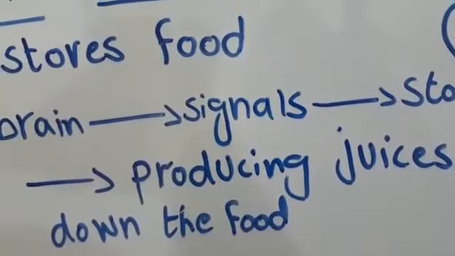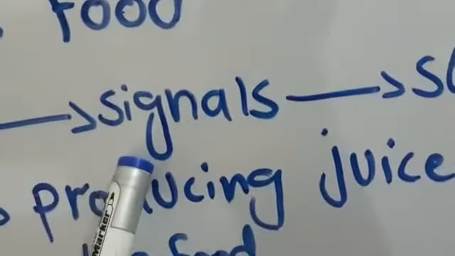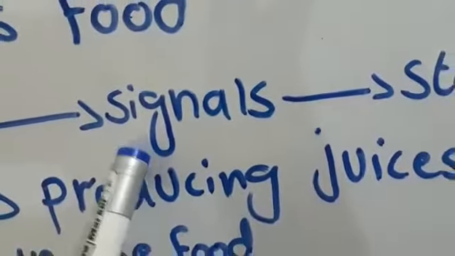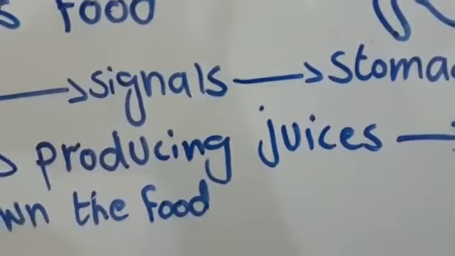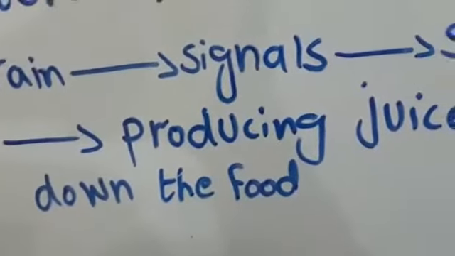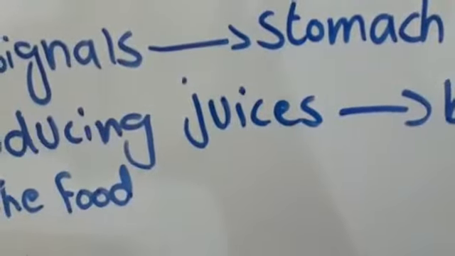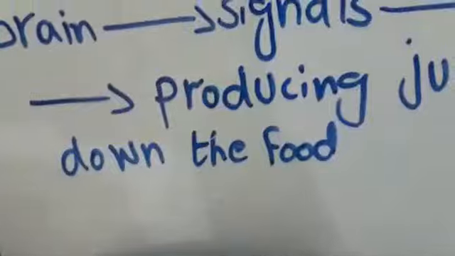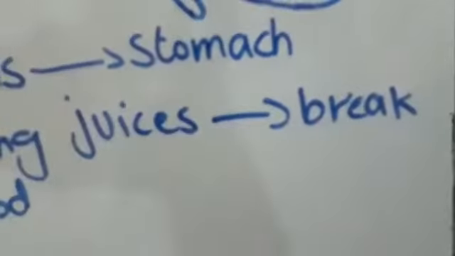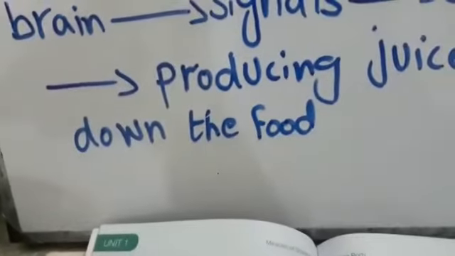So, due to these signals, the stomach starts producing juices. And these juices help in breaking down the food we have eaten.